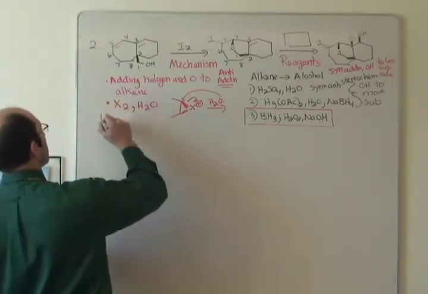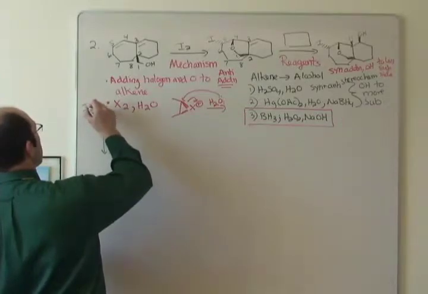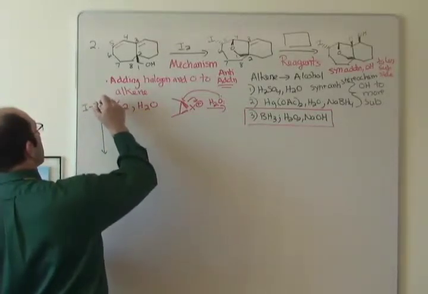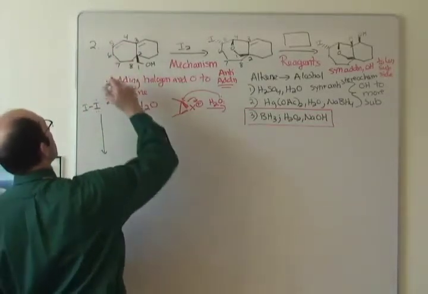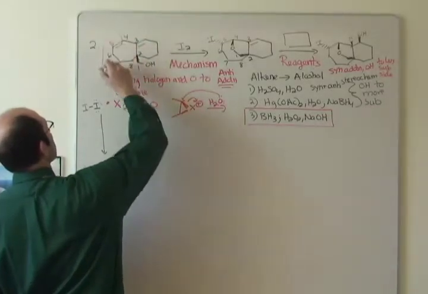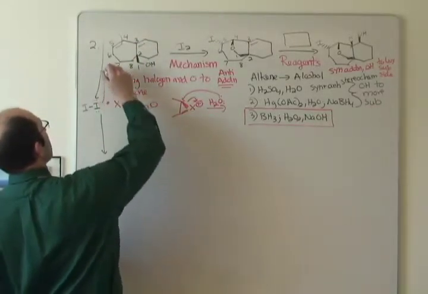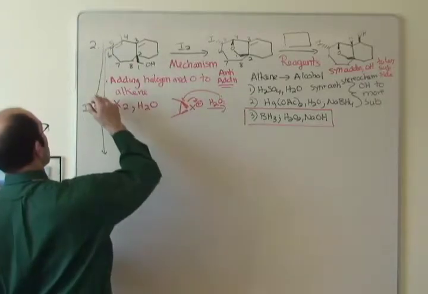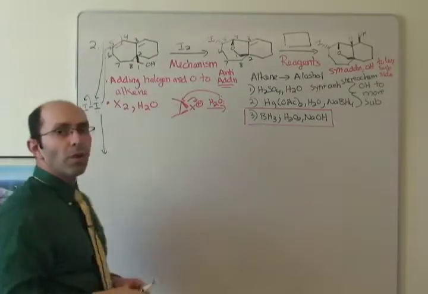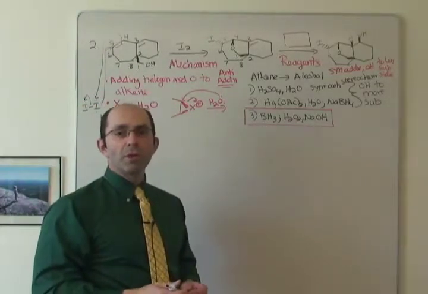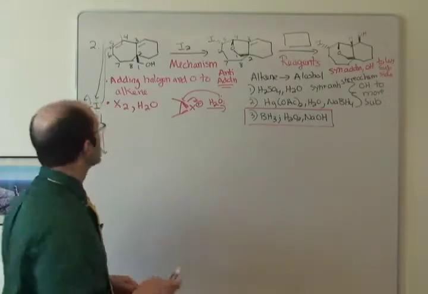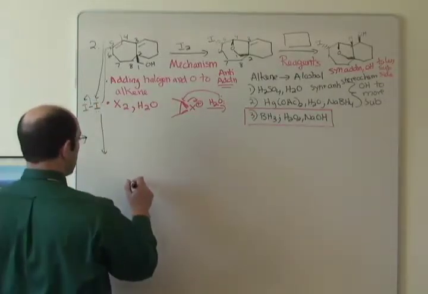All right, so if we have I2, again, the way we do this mechanism, the alkene is going to attack the iodine, and then I minus is going to fall off. Remember, we don't get rearrangement in these problems, so we're never going to form a true carbocation. Right, so now we can redraw.